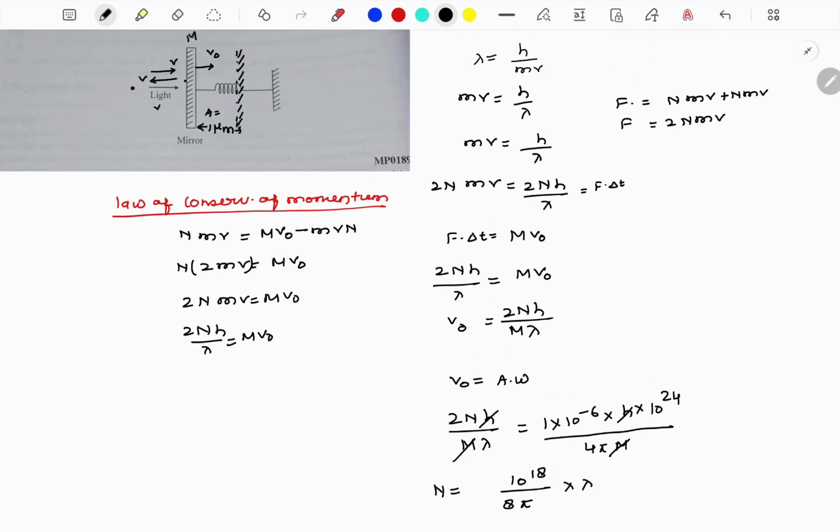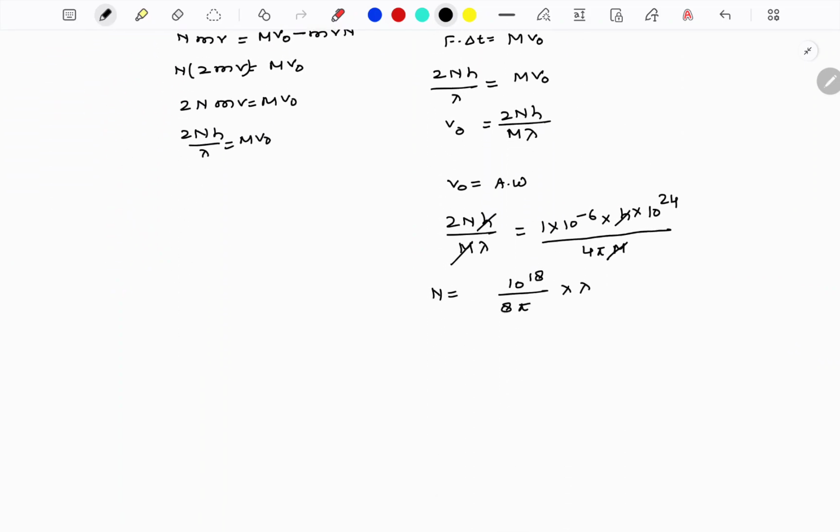Lambda value is also there. What lambda value have they given? 8 pi into 10 power minus 6. It has become very easy.